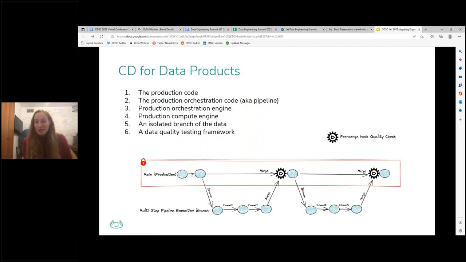And at the end of this process, we create a hook, very much like GitHub Actions or GitLab's Actions or any other tool that you are currently using for CI/CD.